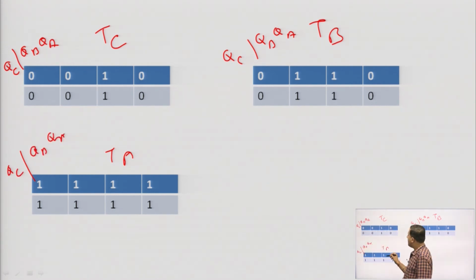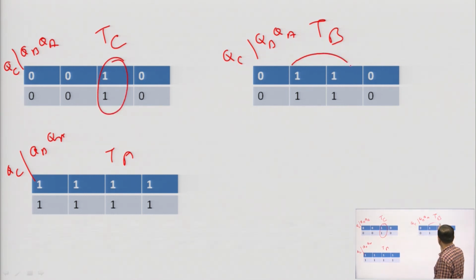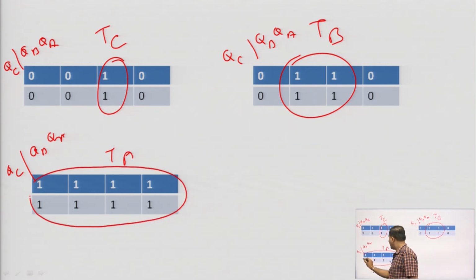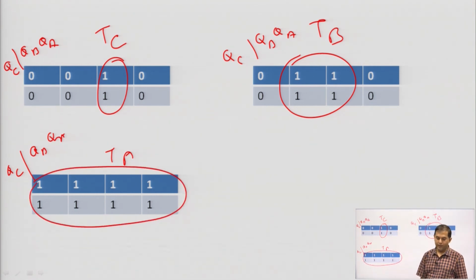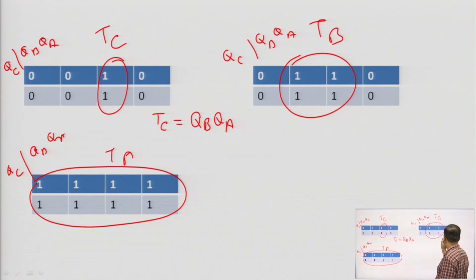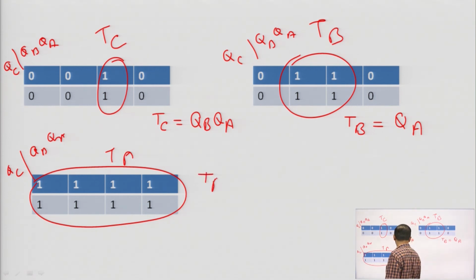Now the grouping will be done. Here only one group, here all 4, and here all 8 ones will be grouped. So, for this TC value will be QB QA, TB value will be QA and TA will be 1.